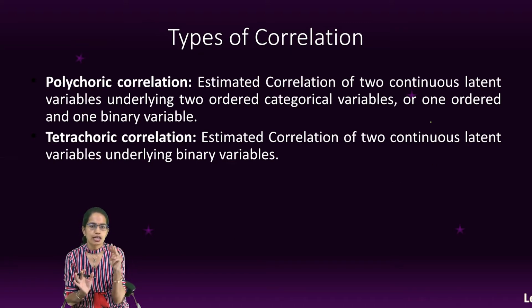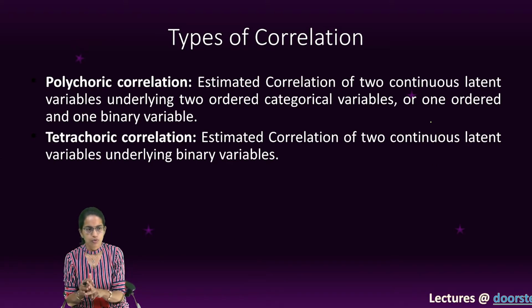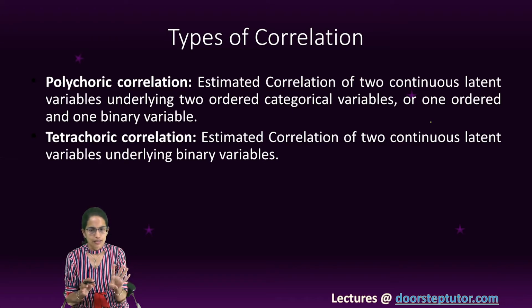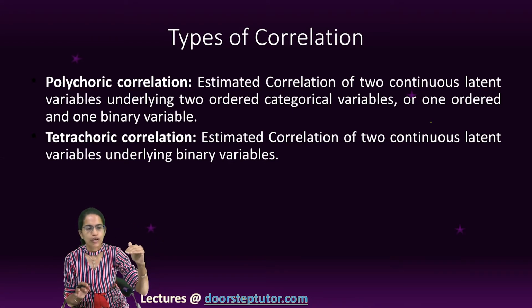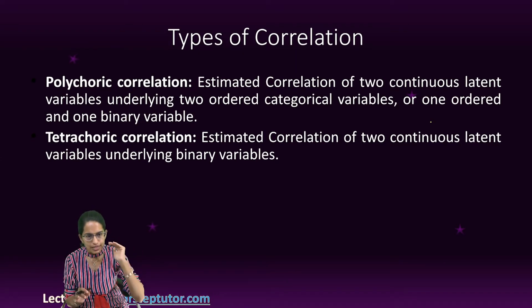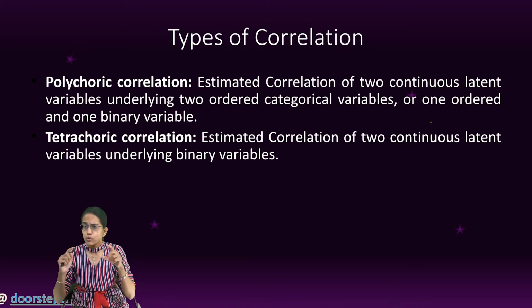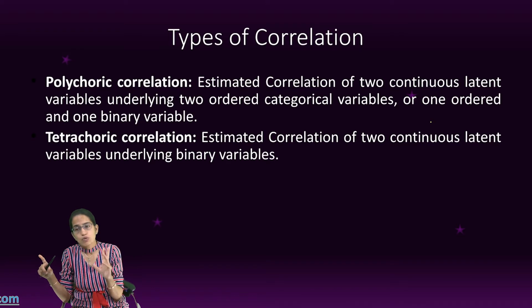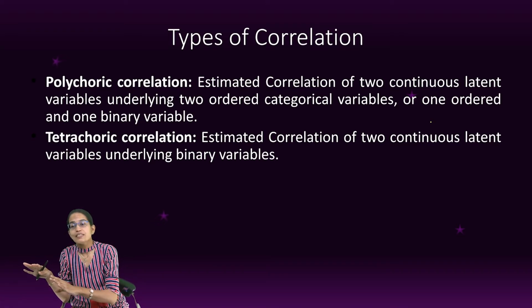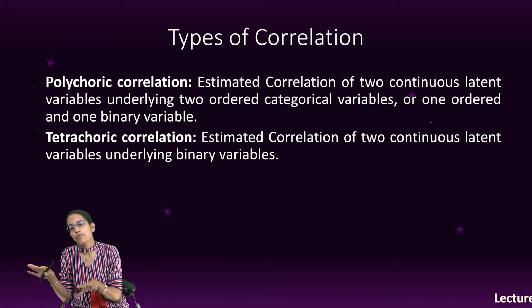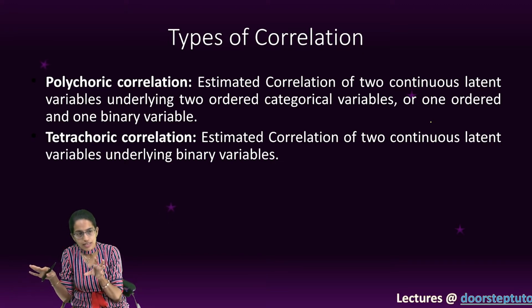So again, there can be two types of correlations that we focus on: polychoric and tetrachoric. Tetrachoric is simply a subset of the polychoric correlation. Tetrachoric is where there are two continuous variables, but those two continuous variables are expressed as binary or dichotomous variables. Understand this carefully.